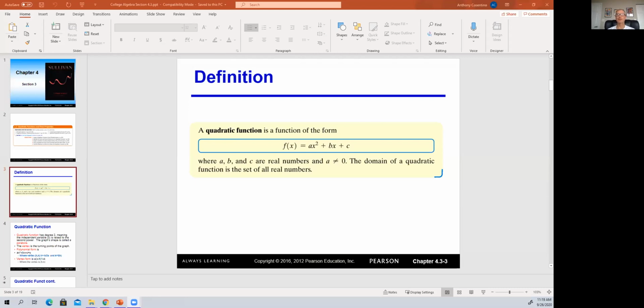So let's get started. Here we go with our definition of a quadratic. And we've talked about this in previous chapters, where we have ax squared plus bx plus c equals f of x, or y with regards to the equation. And the a value cannot be zero, because if a is zero, the x squared goes away, and then we have a linear function instead of a quadratic.